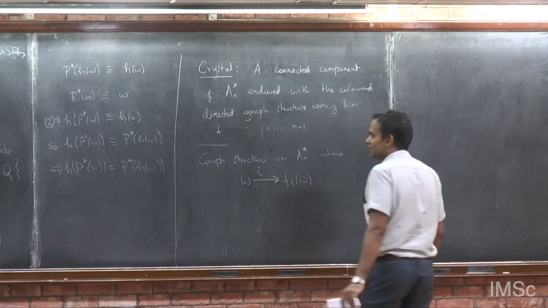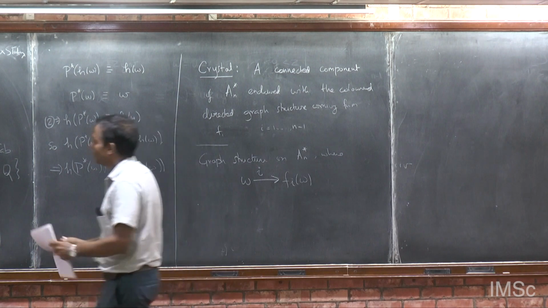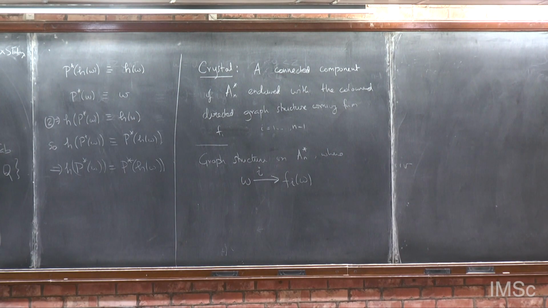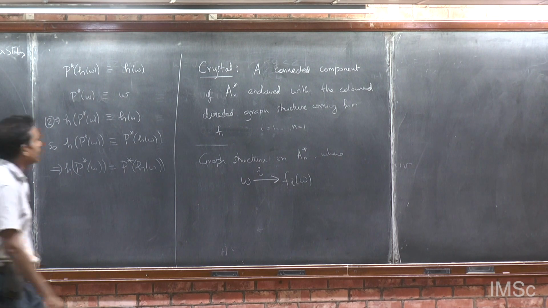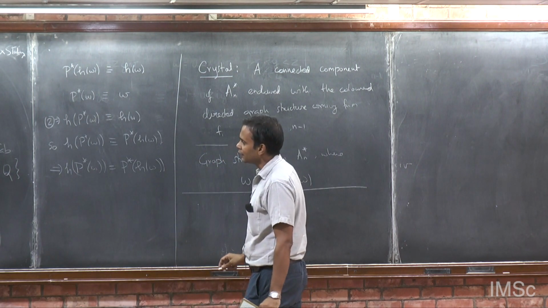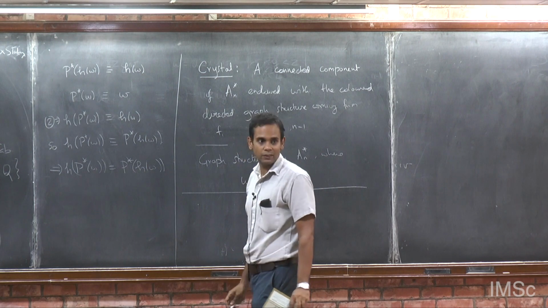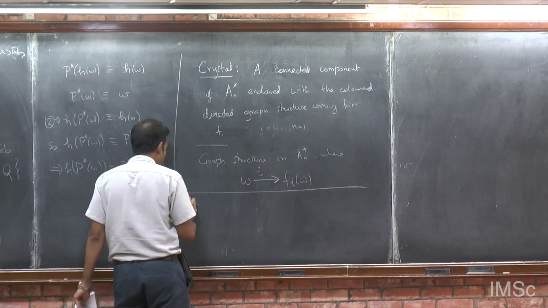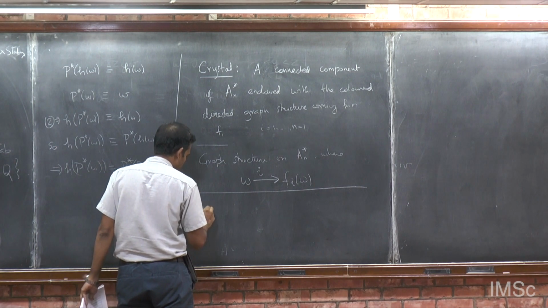Okay. So what have we seen here? What we have seen here is that if you apply a crystal operator, then the Q star does not change. So what does this mean in terms of the relation? We want to show that the coplactic classes are the crystals, right? Correct. So what we are saying is that every crystal is contained in a coplactic class, or every coplactic class is a union of crystals.